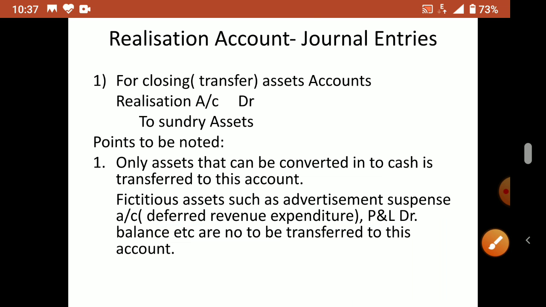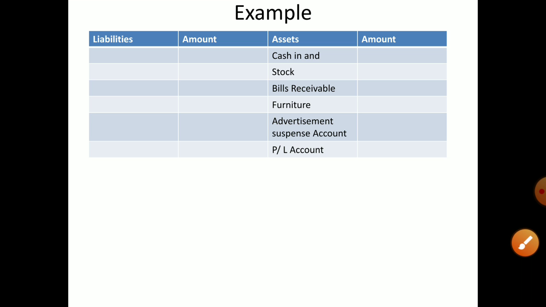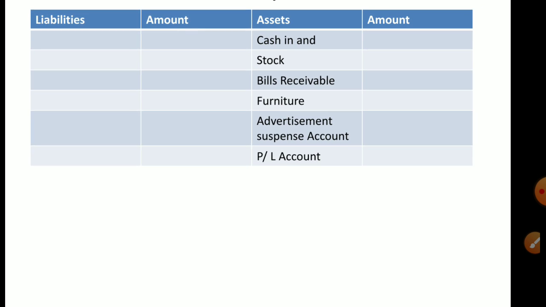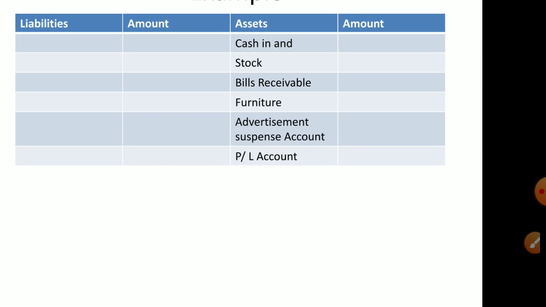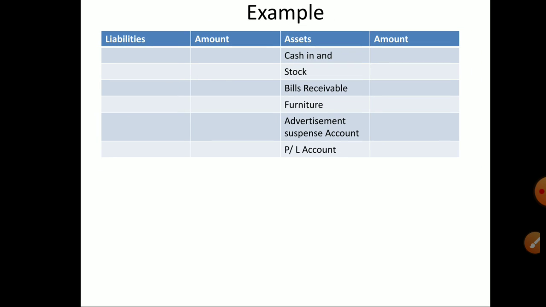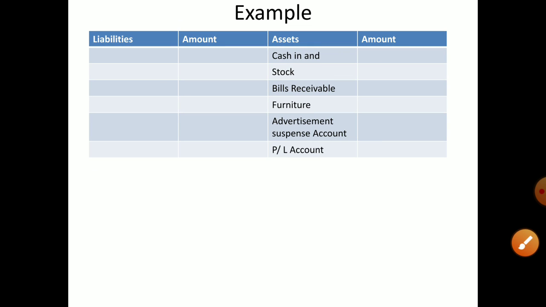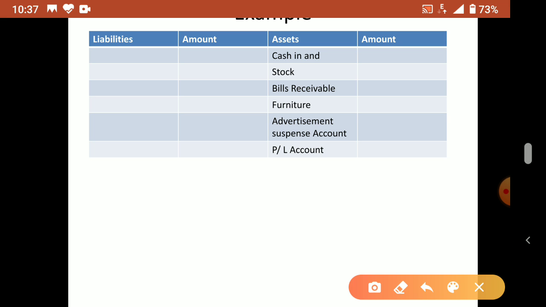Okay, now here I'm showing you one example. See here, I am giving only the asset side because we are discussing assets. Here: cash in hand, stock, bills receivable, furniture, advertisement suspense, profit and loss account.